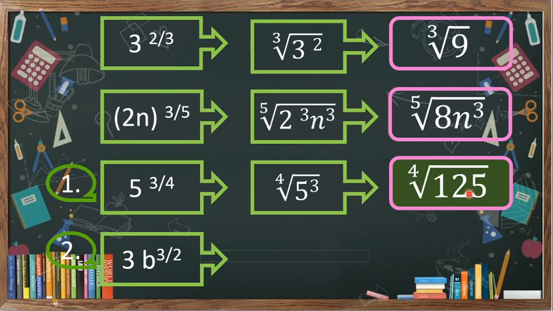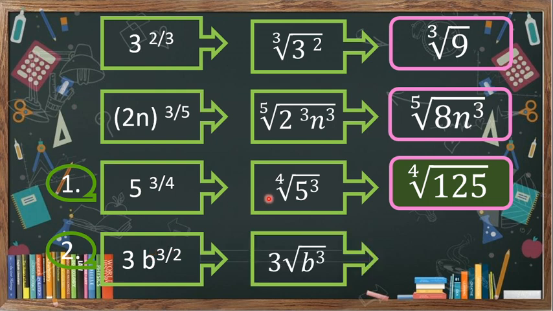Alright, very good. Next, 3 times b to the 3/2. Since the 3 here is not included in the exponent of 3/2, you're just going to put only b inside a radical symbol, and the 3 remains outside our symbol.